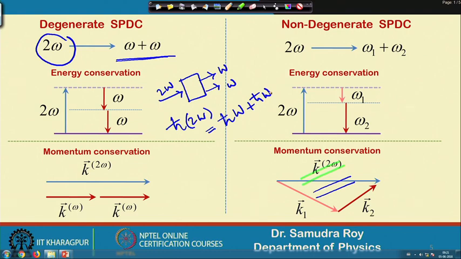And also the momentum conservation is there. So, this is the degenerate process, because we generate exactly the same frequency components omega and omega out of the 2 omega frequency.